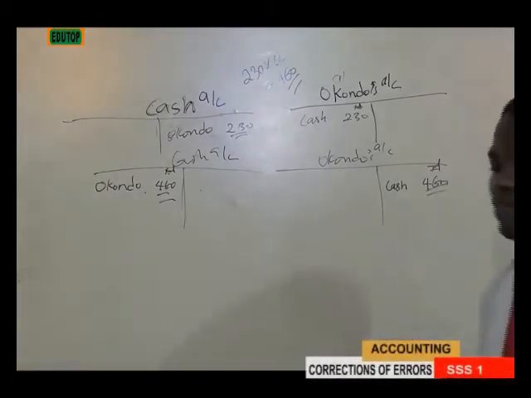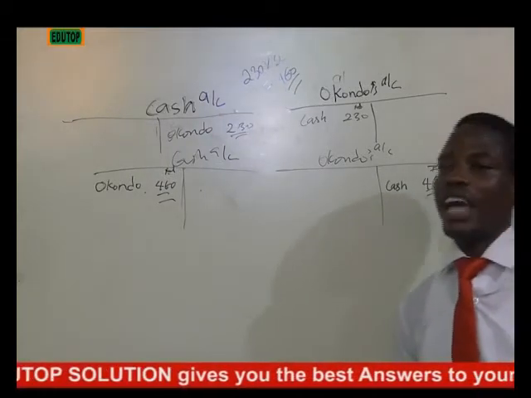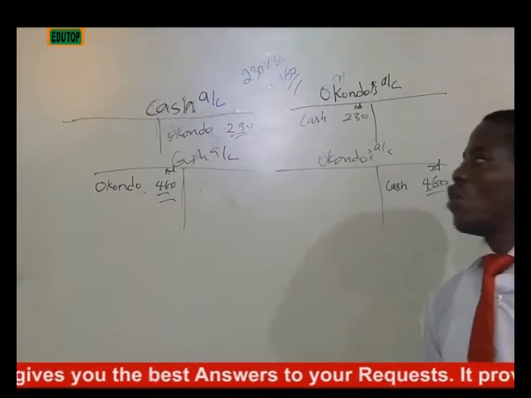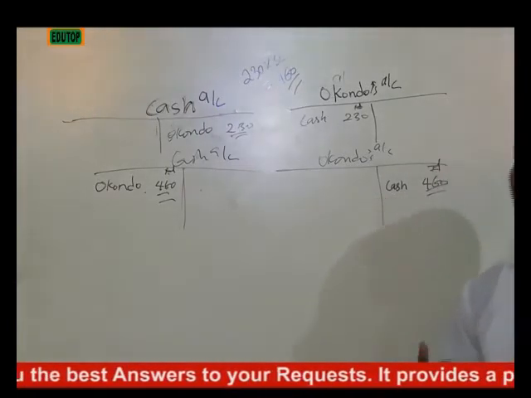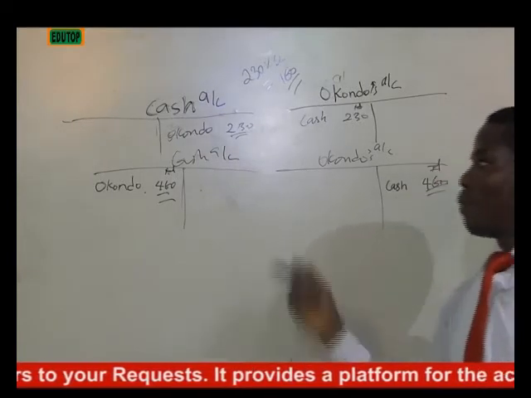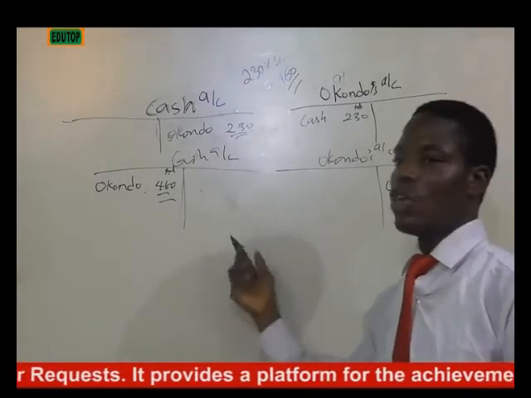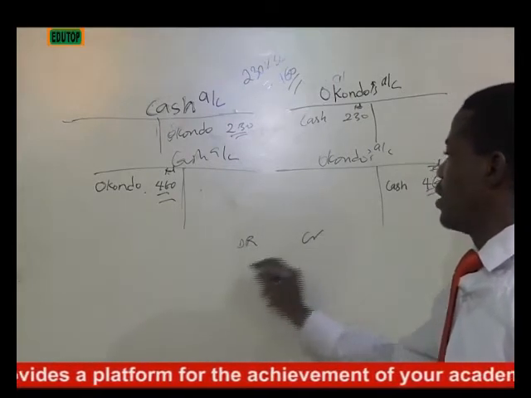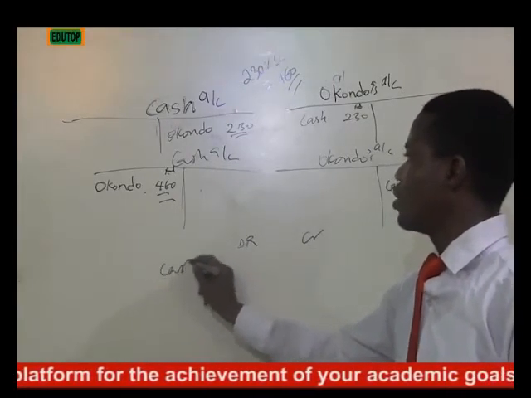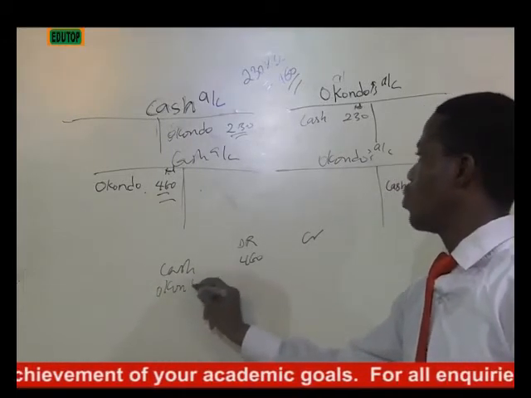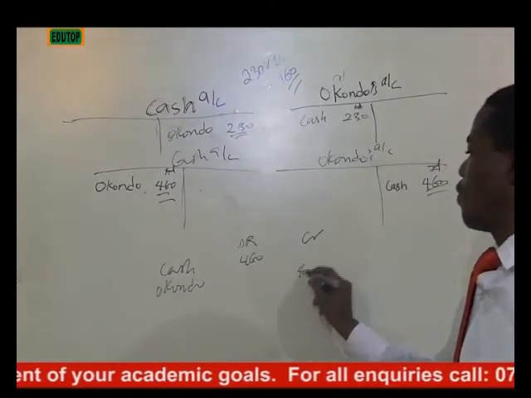So any information when you interpret, when you are given it in the exam, that it is a complete reversal error, any complete reversal error must be multiplied by 2 at the end of the day. Then you prepare the necessary journals. Debit, credit side, we have cash, which is 460, and Okondo, which is 460.